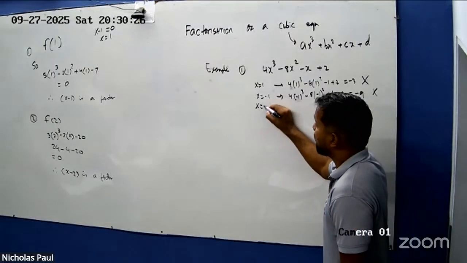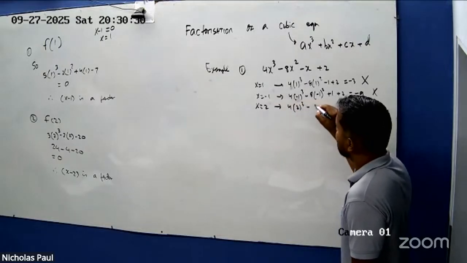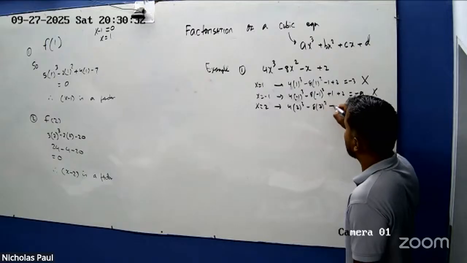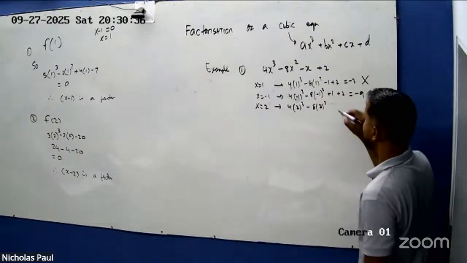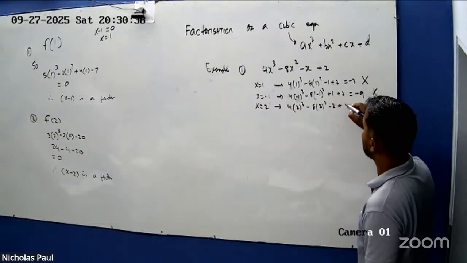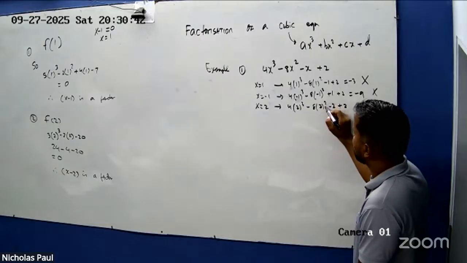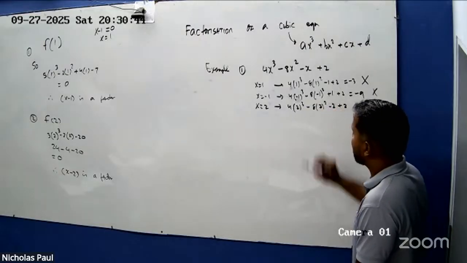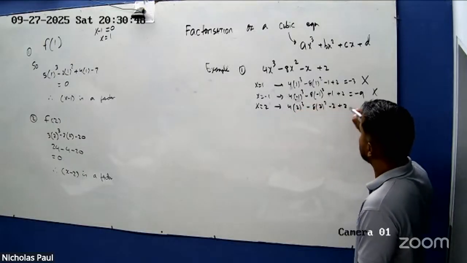So x is 2 now. Let's hope and pray. So that's 4 by 2 cubed minus 8 by 2 squared minus 2 plus 2. 8 by 4, that's 32, 32 minus 32, 0. Very good.